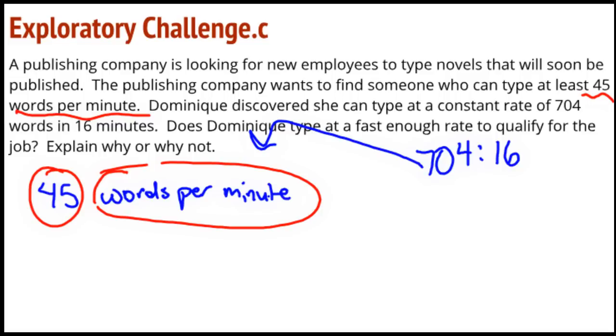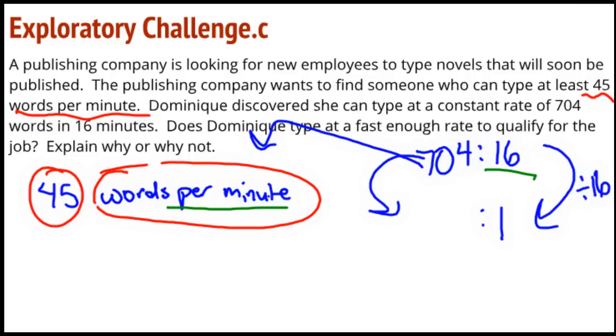The standard is set for 1 minute, but Dominique's information is set for 16 minutes. So I need to scale it to be 1 minute. So I'm going to need to divide by 16. I need to scale it down.